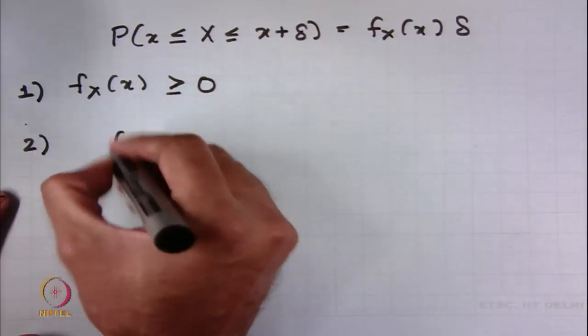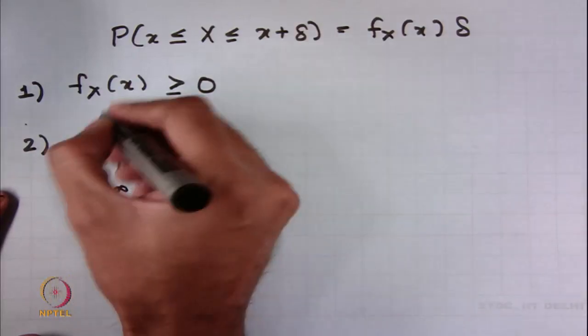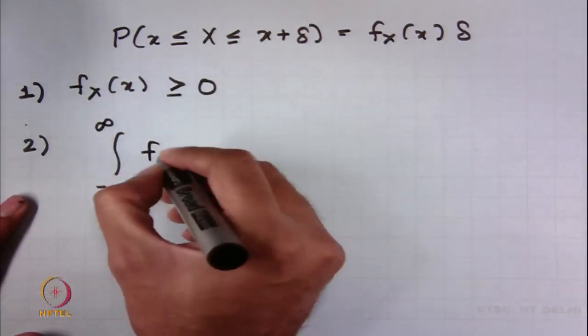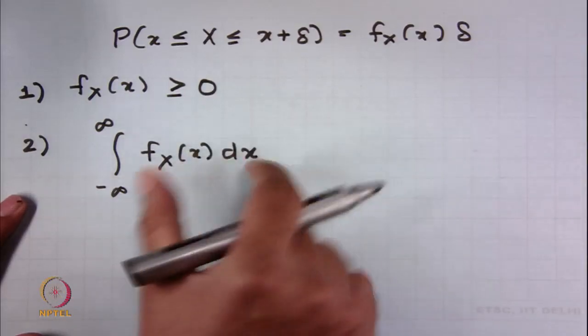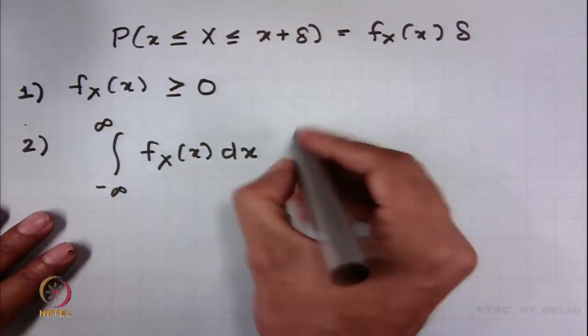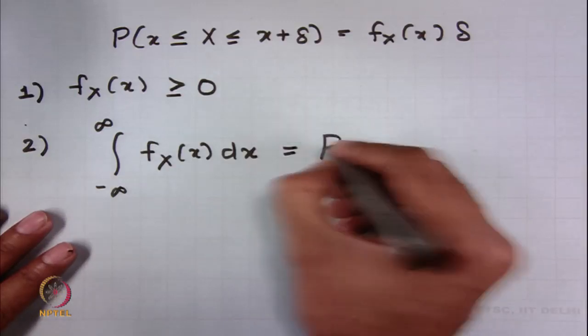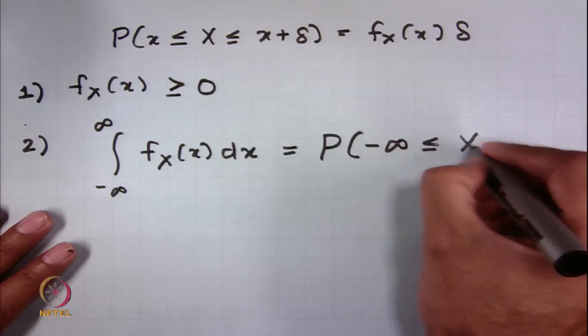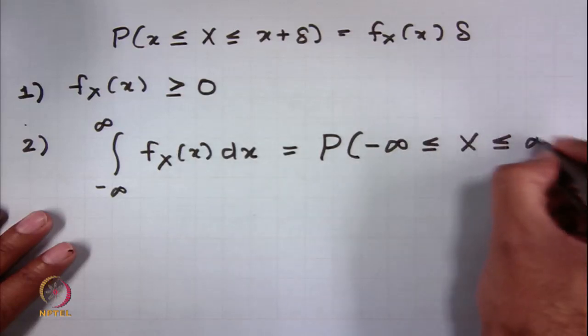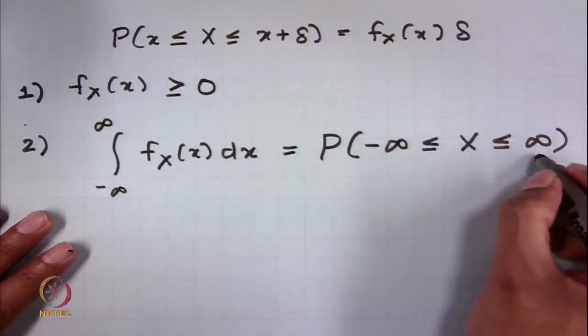So, this is one property of the probability density function, that it is always a non negative quantity. Let us try to see what this expression is. What this integration tells me is that I am finding the probability of random variable x to take a value between minus infinity and plus infinity.